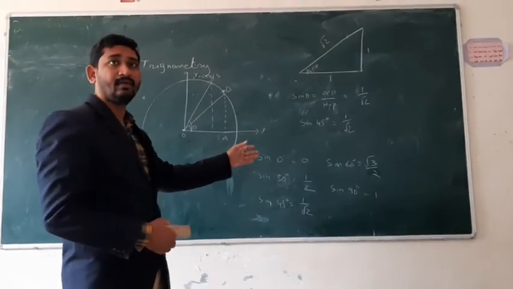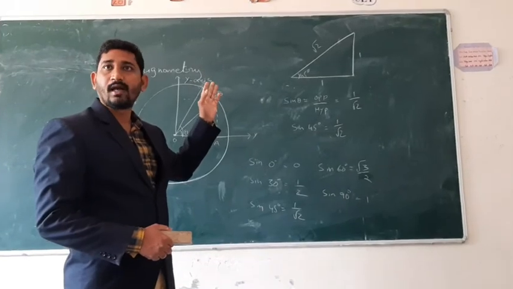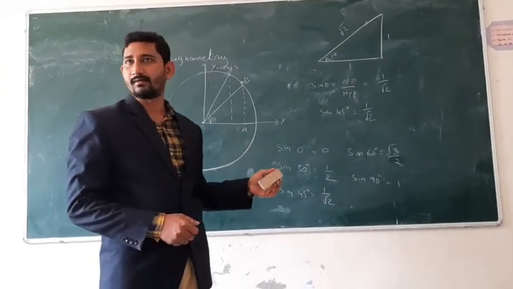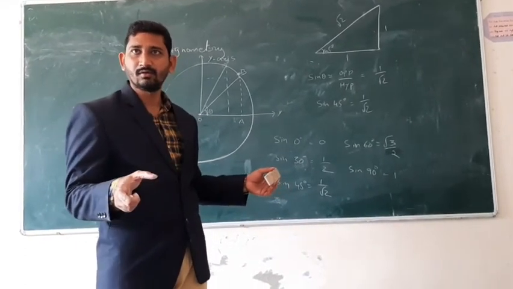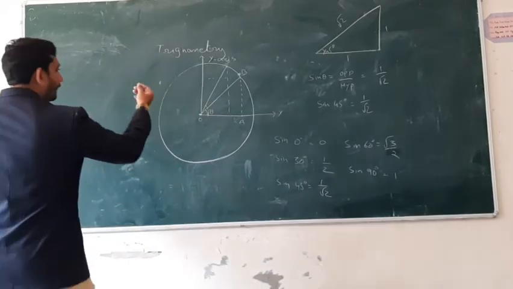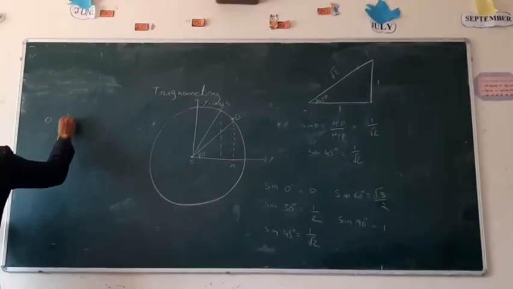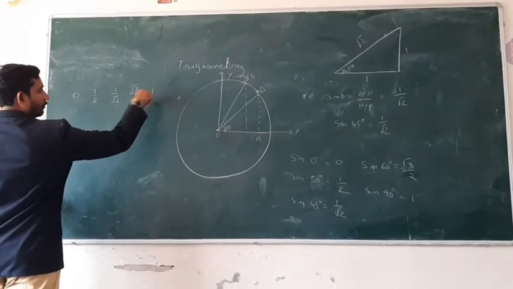In the same way, you will get cos values. Cos means adjacent side by hypotenuse. If you reverse this, you will get the cos values. Do you know that trick? No? You don't know? See here, I will write. What are the values? 0, 1 by 2, 1 by root 2, root 3 by 2, and 1.